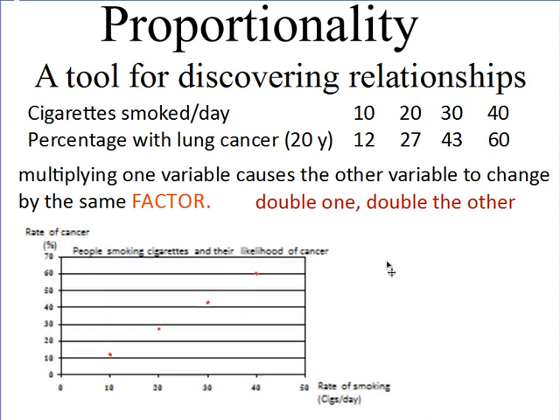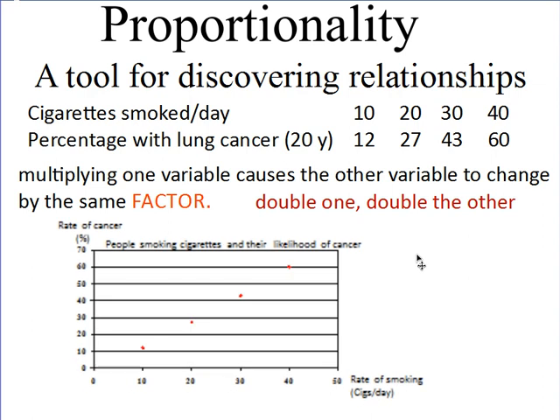But if you take that data and graph it, cancer as a function of cigarette smoking, that looks like a very strong relationship there. Again, a linear relationship, if you can put a straight line through it.